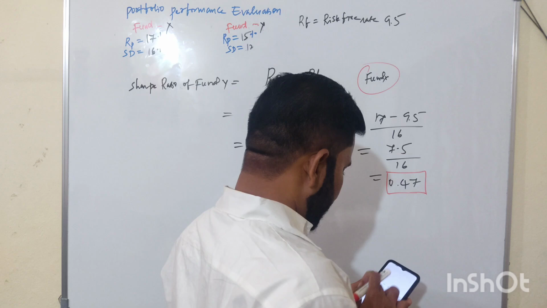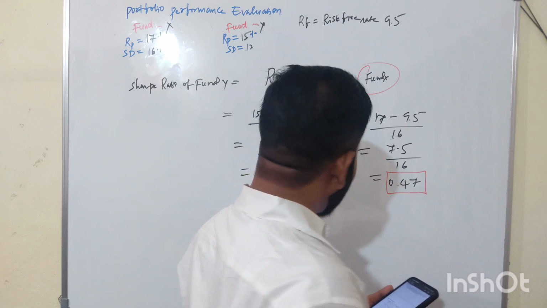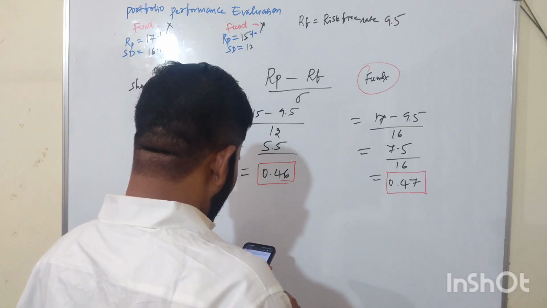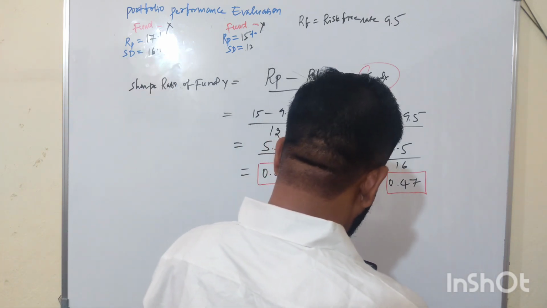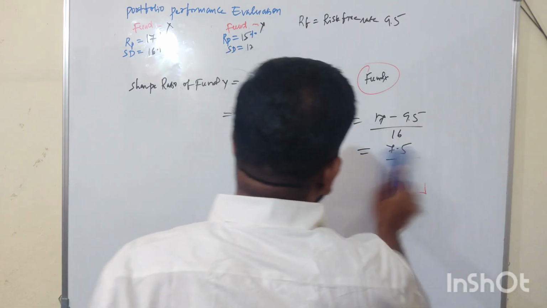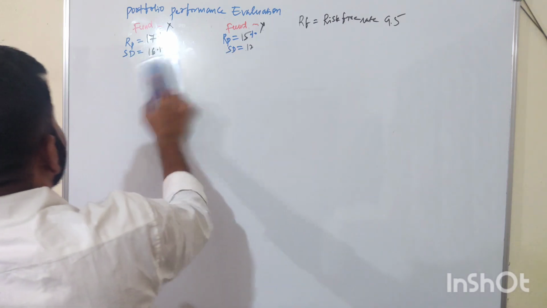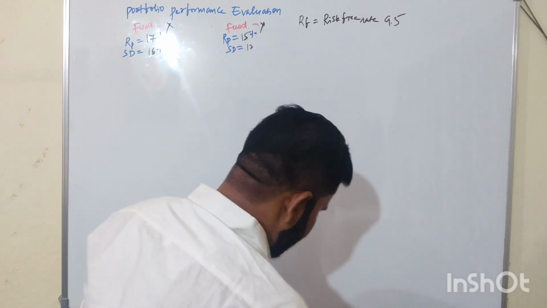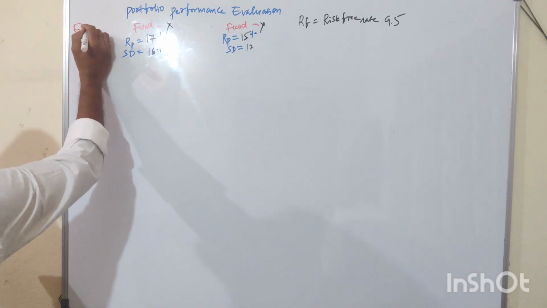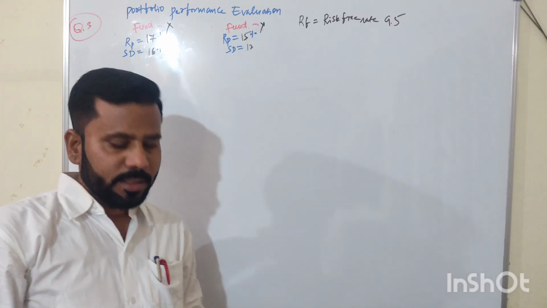Now let's quickly calculate the third problem. Here portfolio A and portfolio B information is given. Now I am solving question number 3 of the exercise.